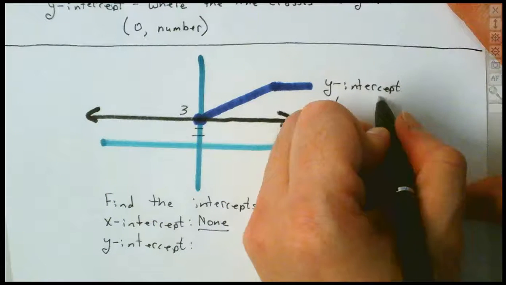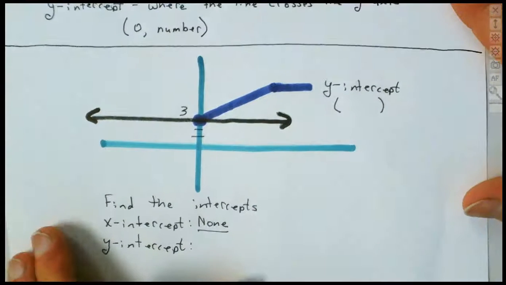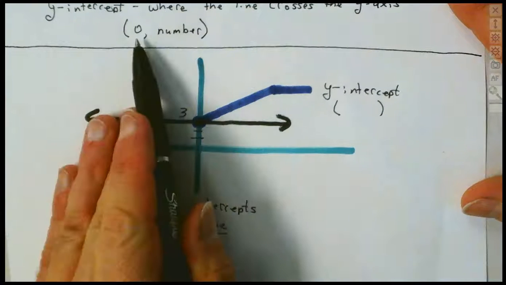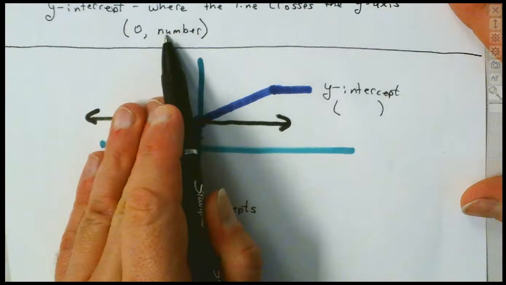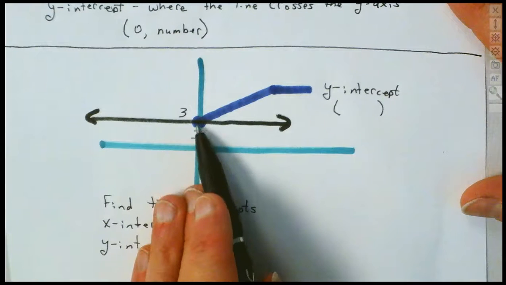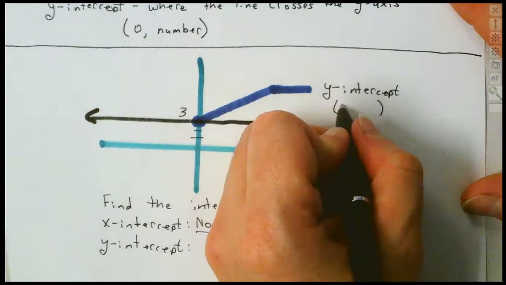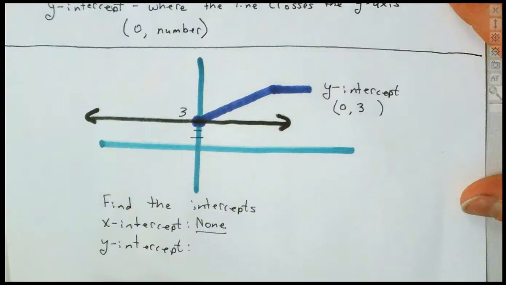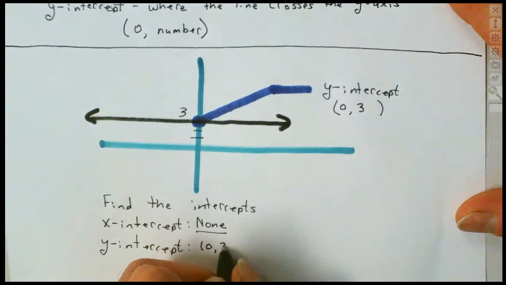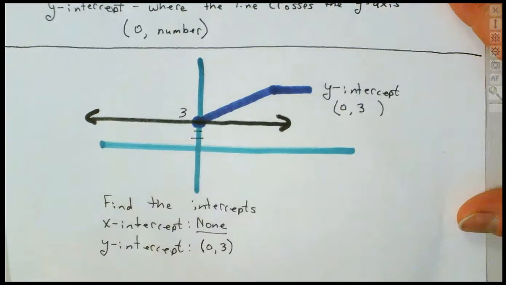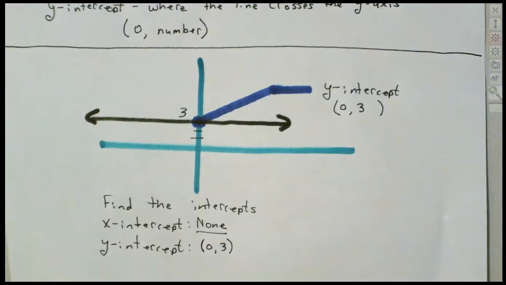Okay, as an ordered pair, look at how y-intercepts go. 0, comma, some number. Where's our y line at? Here. So it's at 3. So our y-intercept would be at 0, comma, 3. So this graph has no x-intercept, and it has a y-intercept of 0, 3.